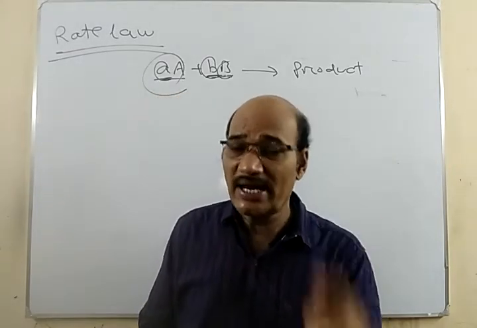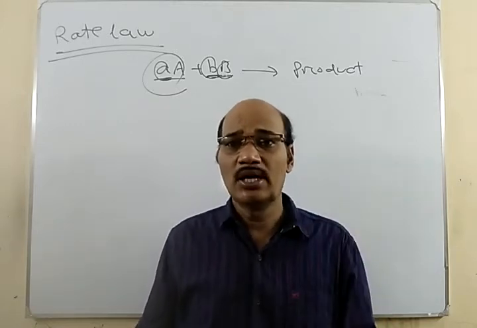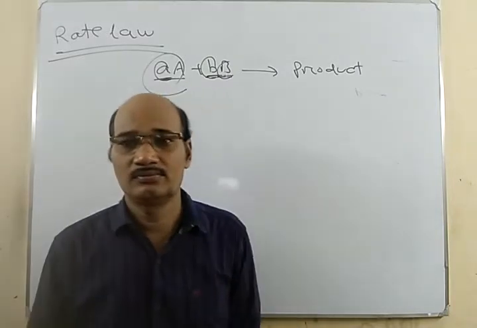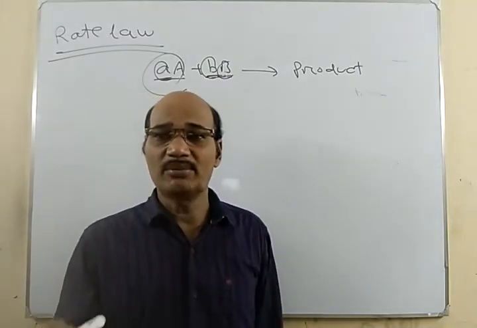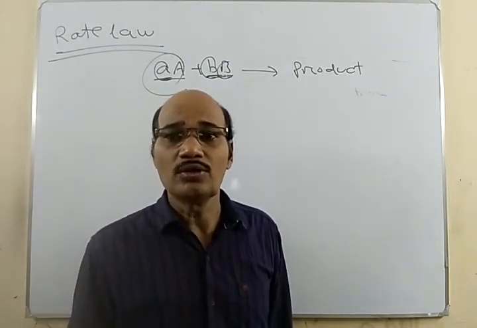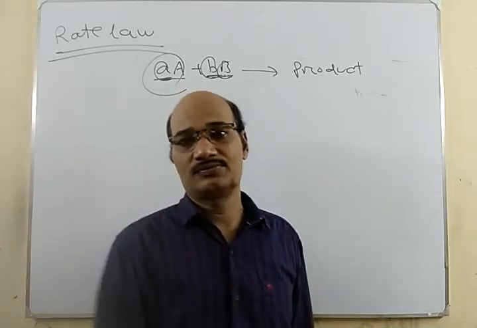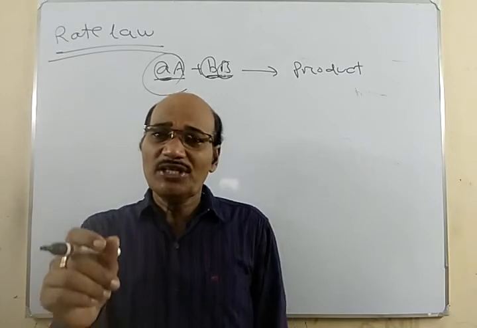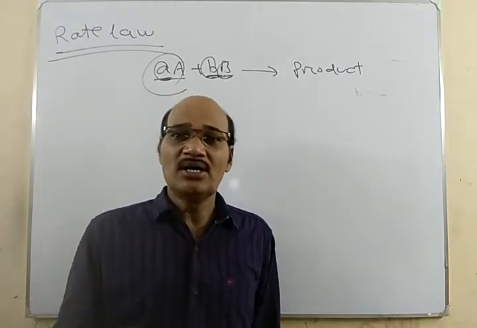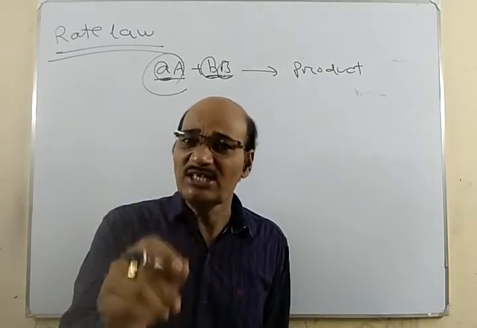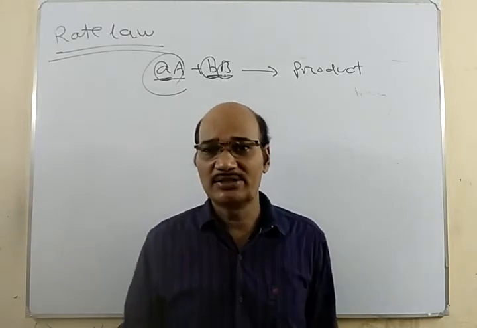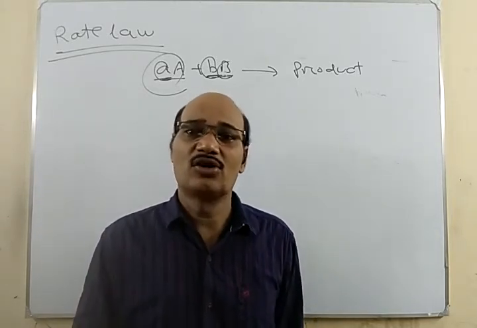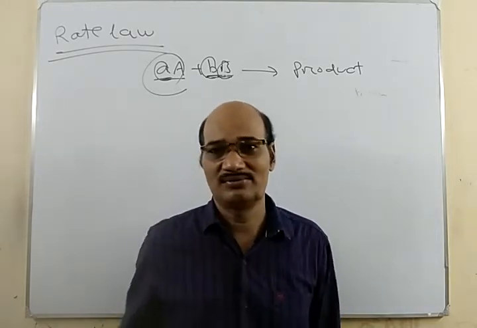Then only we decide how many molecules have actually taken part in the chemical reaction. That means we can determine it through experiments. So by doing experiments, we can determine how many molecules are actually participating, and accordingly we can write an equation that is called the rate law equation.